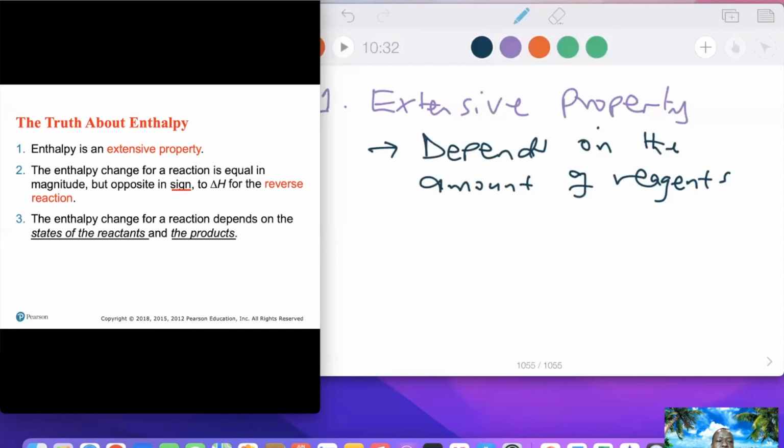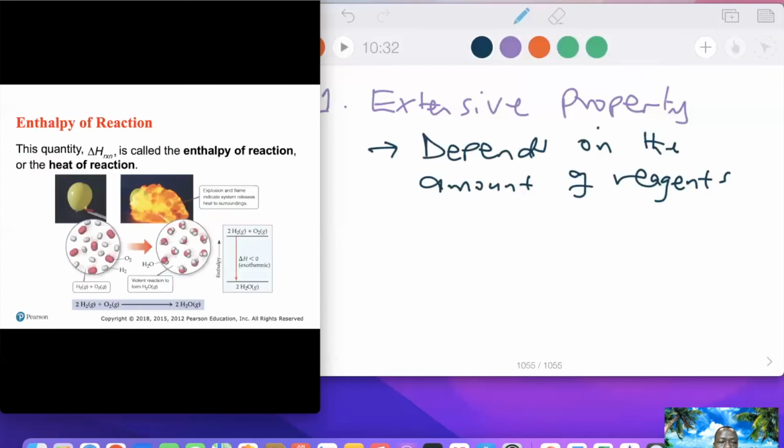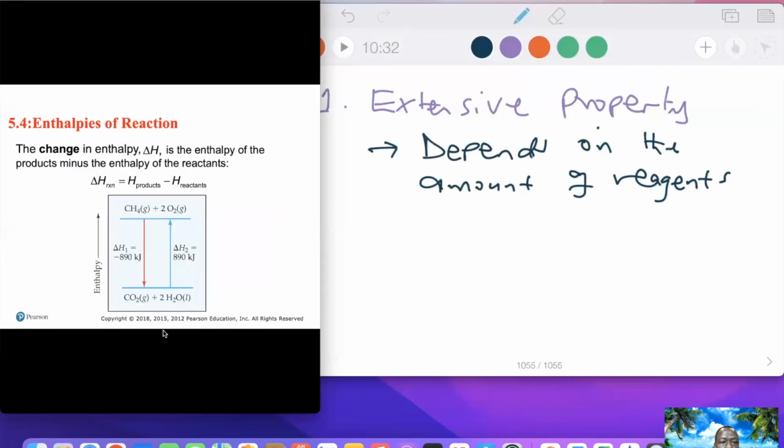The enthalpy of reaction is equal in magnitude, but opposite in sign if it is reversed. I think we had a couple of examples of reversible reaction. For example, here, this is the forward reaction. It gives away heat, but the reverse reaction has equal magnitude.